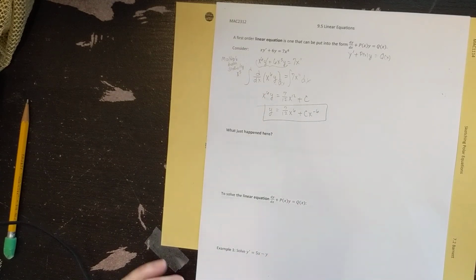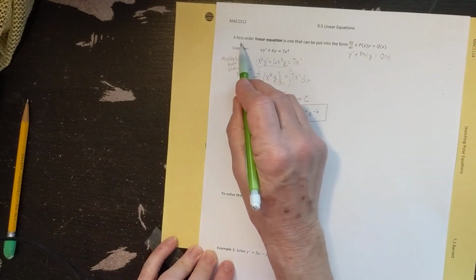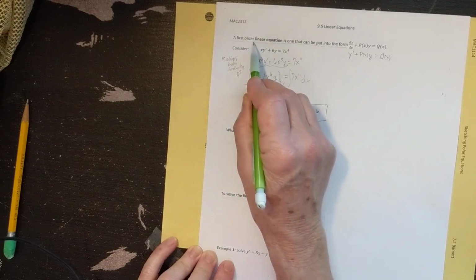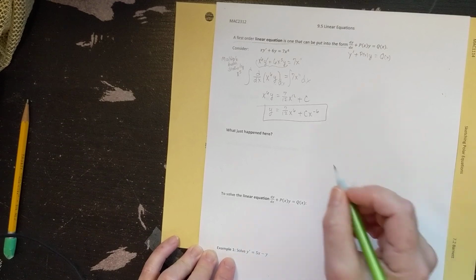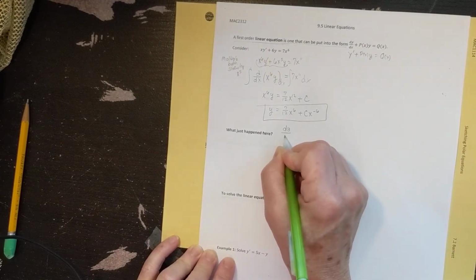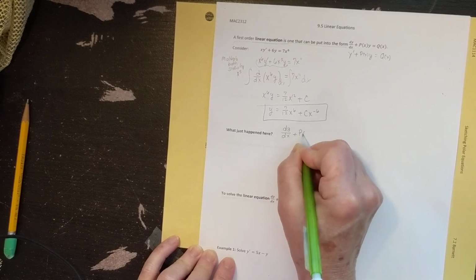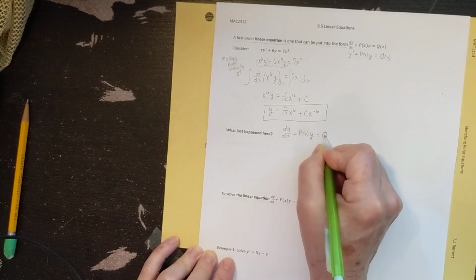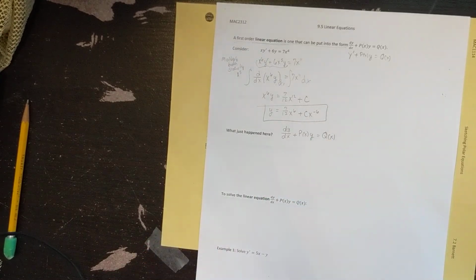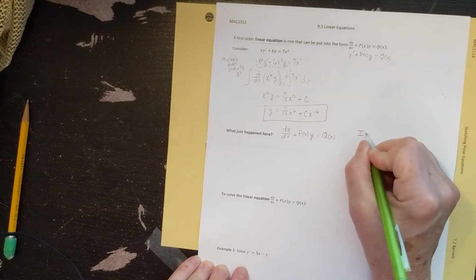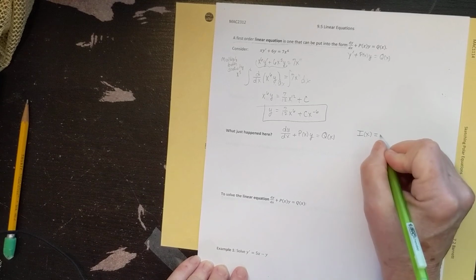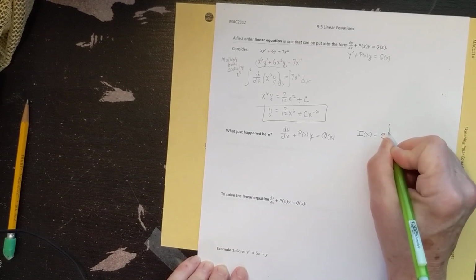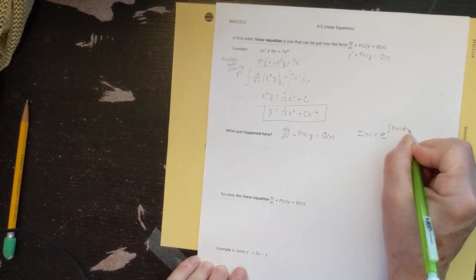So if you recognize that your equation is a linear differential equation, because you can put it in this form, then there is a special thing you can multiply both sides of the equation by, called an integrating factor. The integrating factor is equal to e raised to the integral of p of x dx.